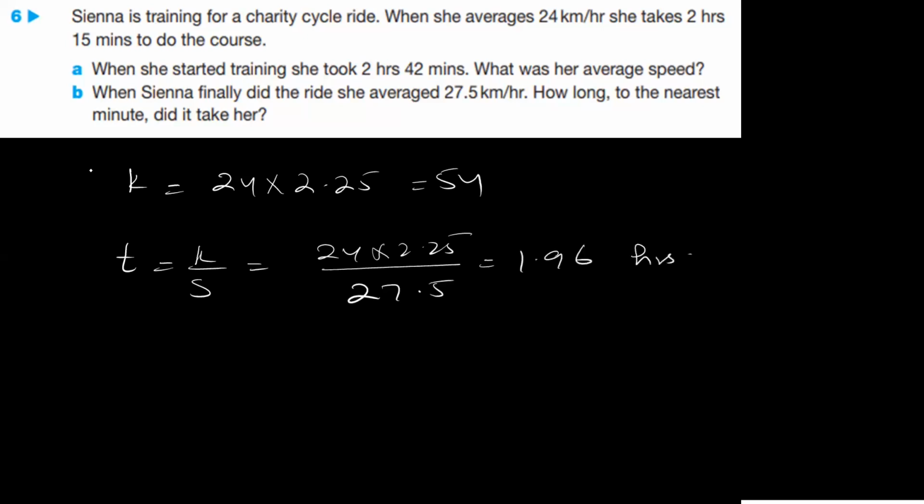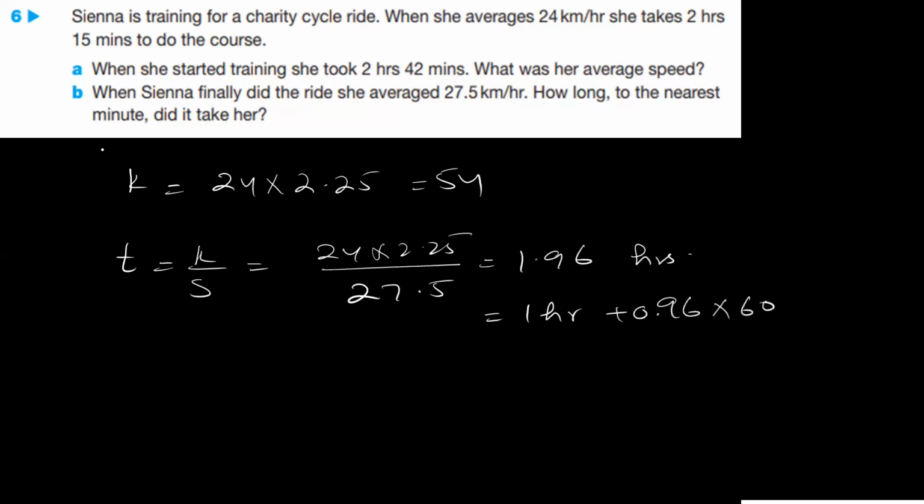But this is not the answer. They ask us for the nearest minute. So what we do, we make it into minutes. 1 hour plus 0.96 times 60.